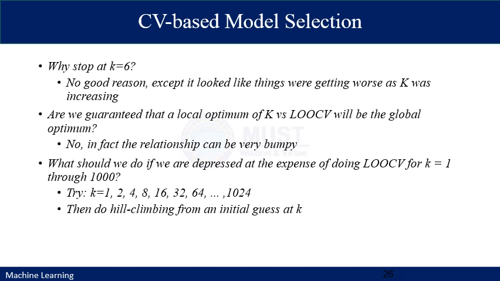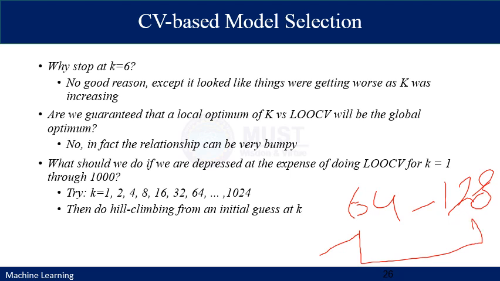And then once you have found the different optimal candidates, for example, you have chosen a region which is between 64 and 128, that means the error increases till 64 and then decreases from 64 to 128, and then it increases from 128 onwards.